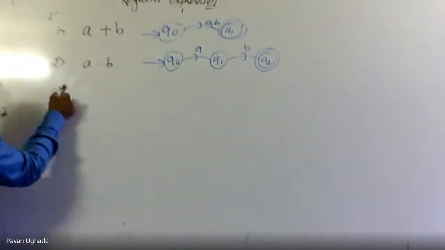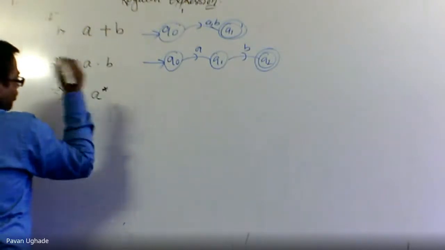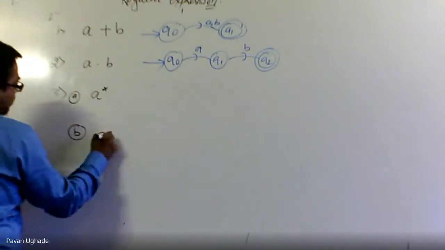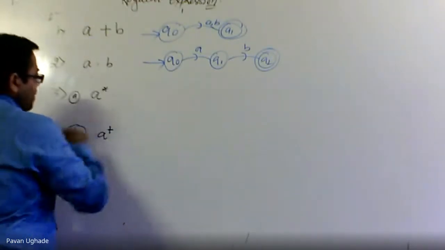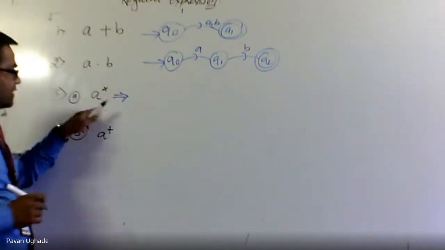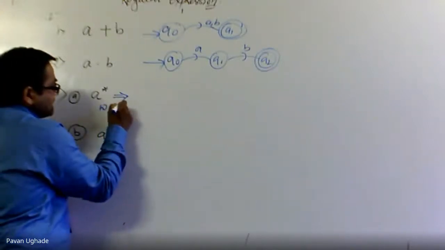The third one which we have talked about, the third operator, is A closure, and the next is A positive closure. For this, I just wanted to explain what all the possible strings are that will be accepted.